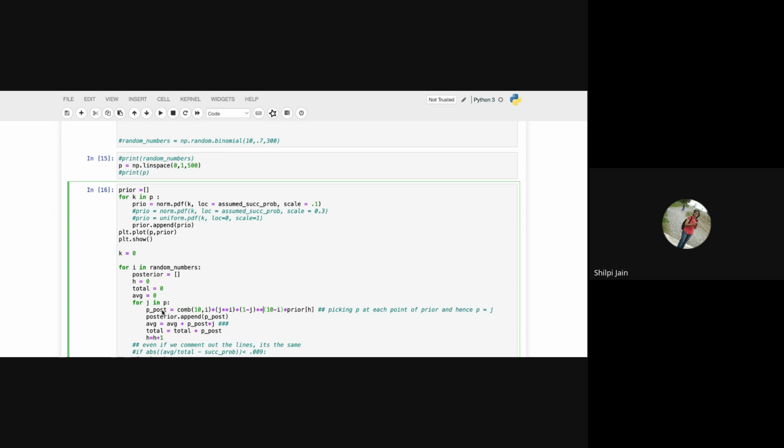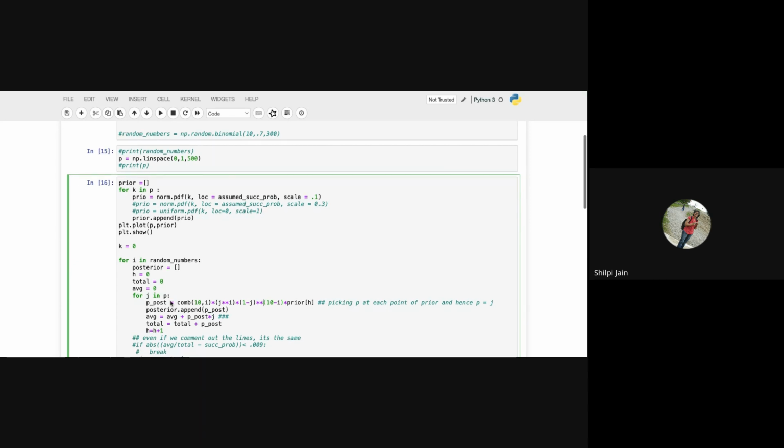I hope you remember. I think Arun, you had introduced the term posterior, right? Yes. Okay. So then you apply the binomial probability of getting that many heads in one experiment.